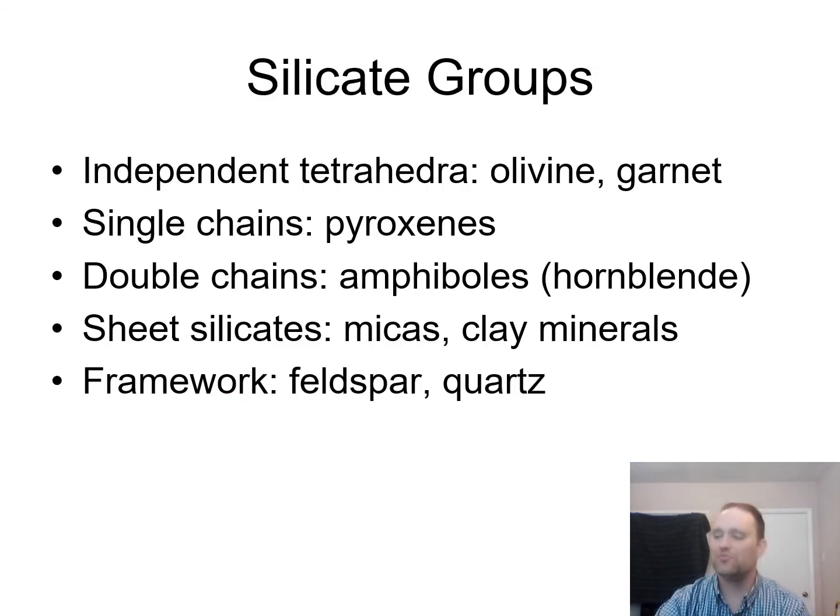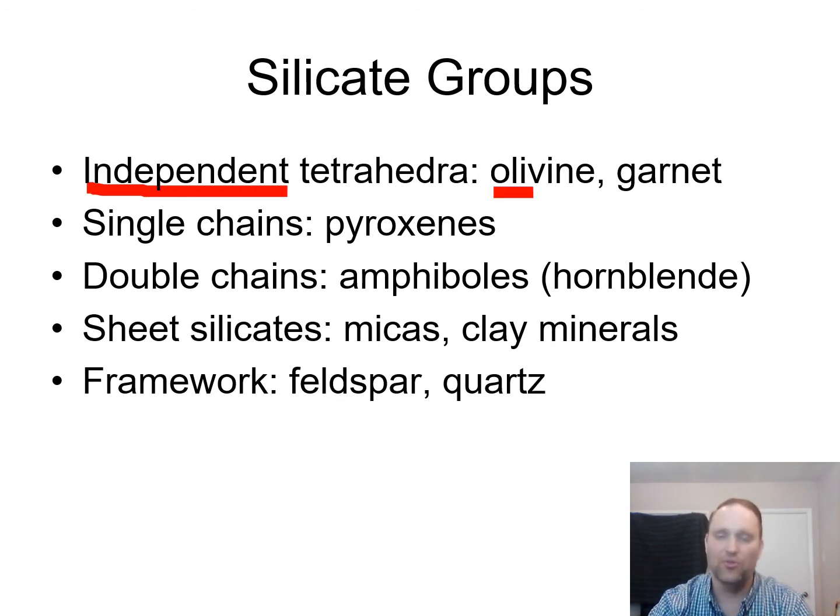Now, the different groups of the silicate minerals will vary depending on how that basic structure of the silicon-oxygen tetrahedra are combined either with each other or with other groups. And so first off, we have the independent tetrahedra.